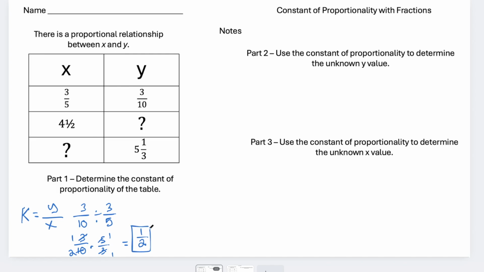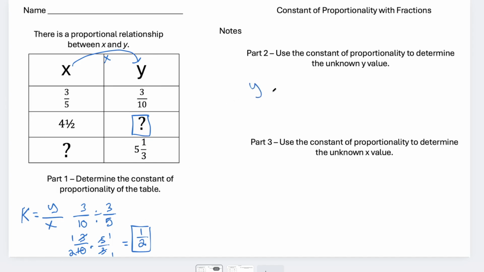Now we're going to use that k value to solve for this unknown y. What is this y value with a k value of 1/2 when the x value is 4 1/2? To go from x to y, we multiply by the k value. So y is 4 1/2 times 1/2.